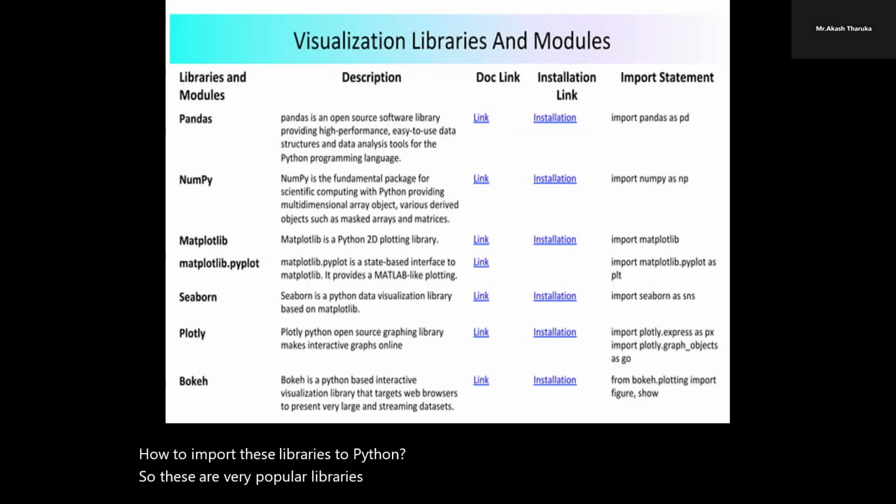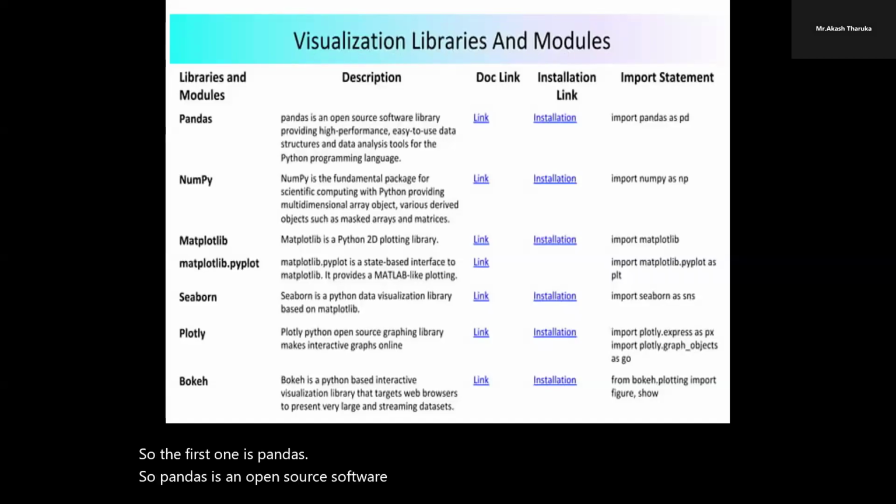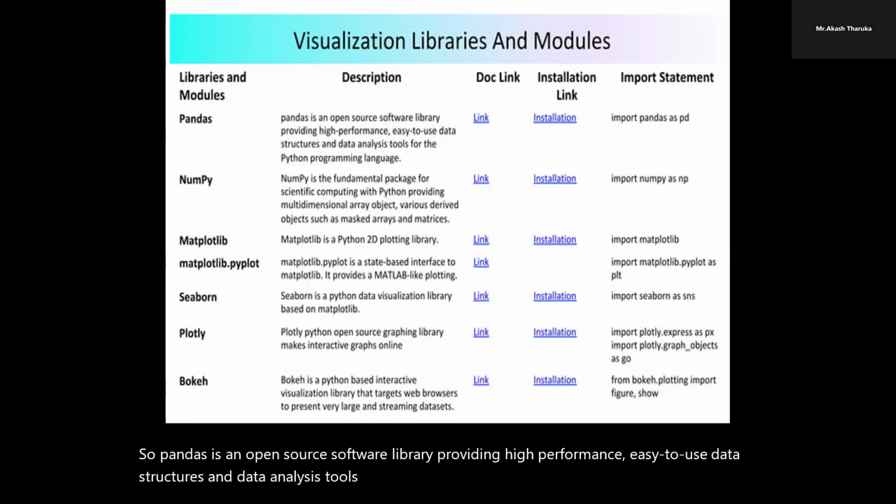I prefer if you get familiar with these names, because if you are working with Python, these names will pop up here and there most of the time. The first one is Pandas. Pandas is an open source software library providing high performance, easy to use data structures and data analysis tools for the Python programming language.